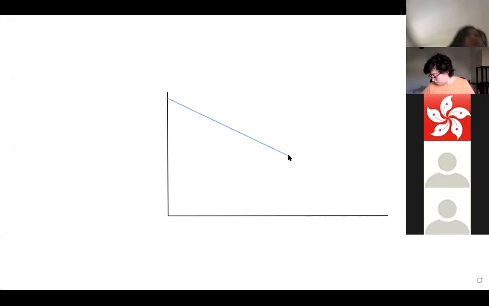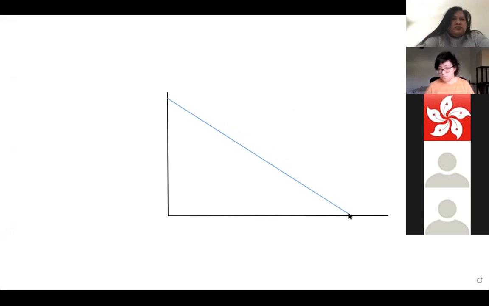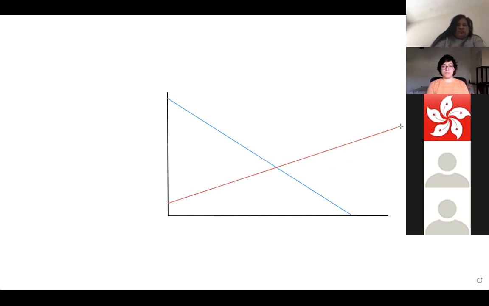So there's demand, and here's the original supply curve, right? And here's the shifted supply curve. So the supply curve plus the tax, right?